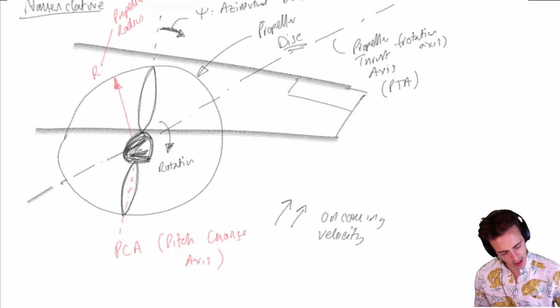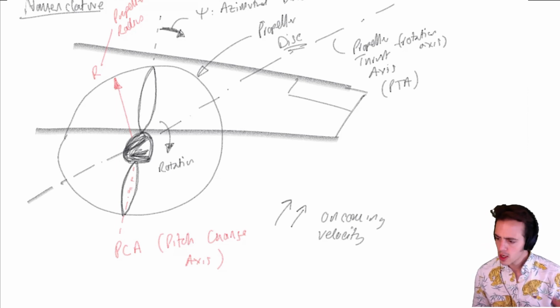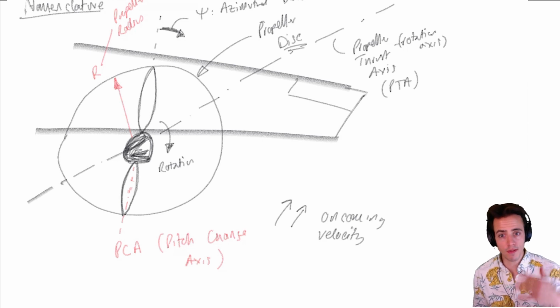What else can I define on here? So we've got our radius that's been defined. We're going to define a radial position as well, because it would be useful to be able to define different parts of the blades in terms of their location from the hub, which is the very center. That's probably worth mentioning as well.